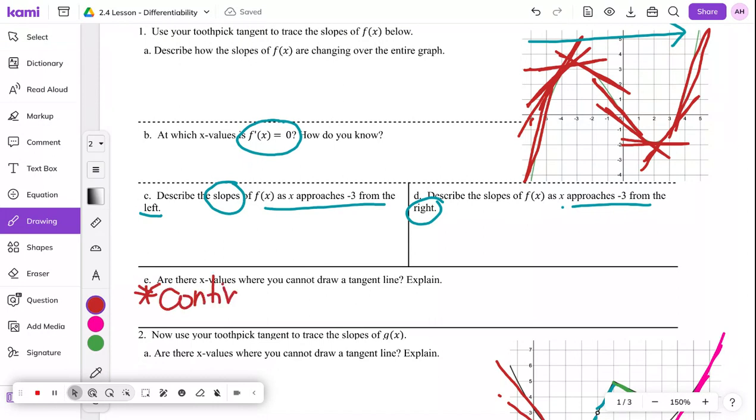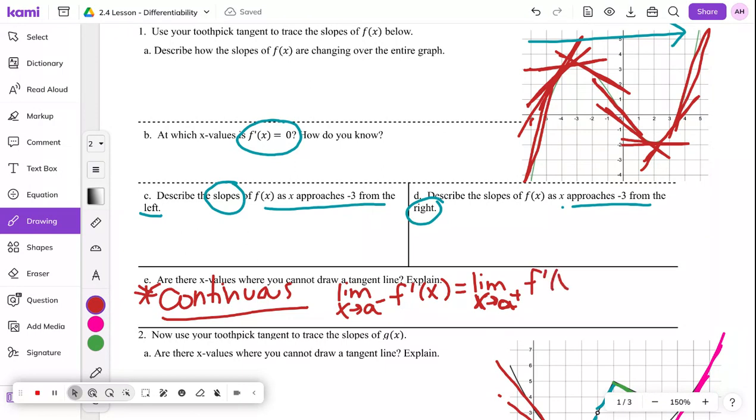Because this first function is continuous, we can say that the limit as x approaches any a value from the left of the slopes, so the slopes coming from the left at any x value, is equal to the slopes coming from the right side. So as x approaches a from the right, again, f prime of x. We've seen this notation before, only not with primes. Now the new idea is with primes.